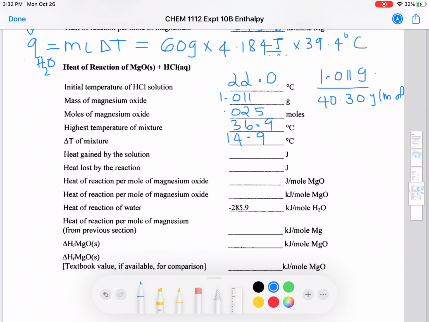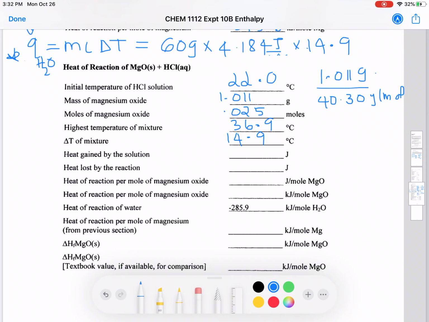We use 60 milliliters of hydrochloric acid. We can use the same equation here. Q water equals mc delta T, mass of the water 60 grams, and then the c 4.184, but we change the temperature. So the delta T is going to be 14.9.